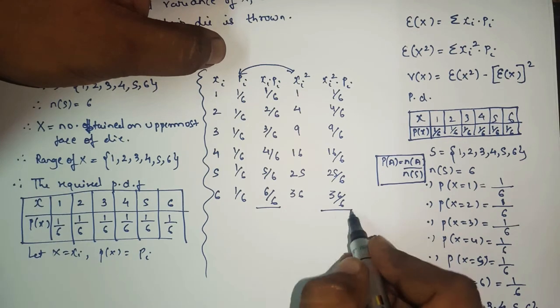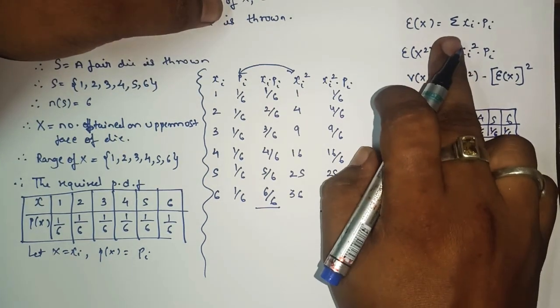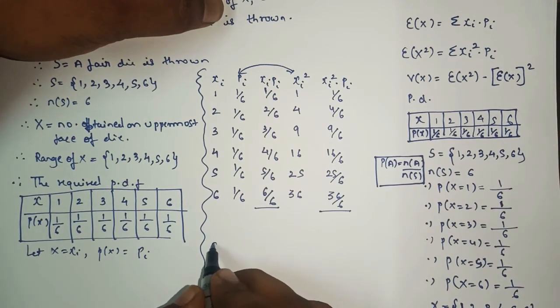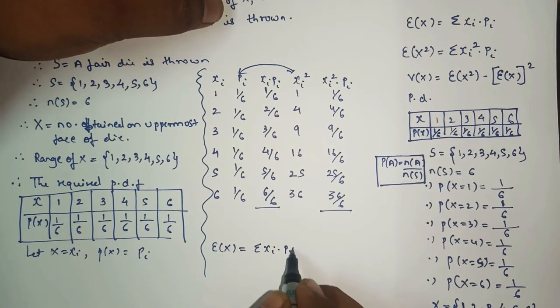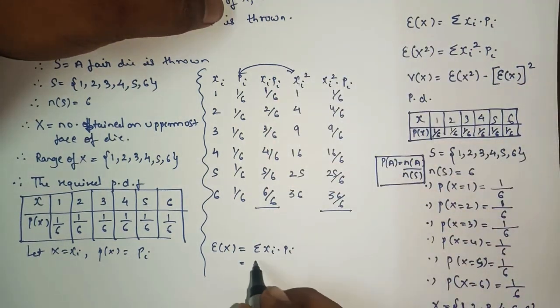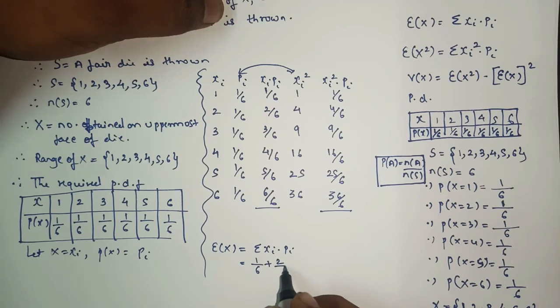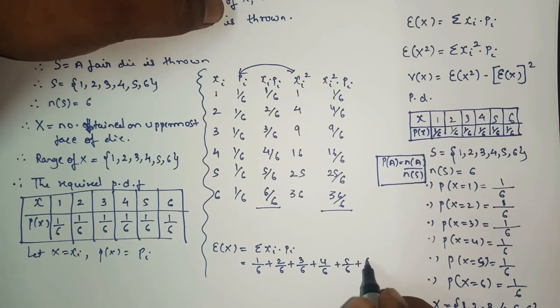After that we have to find the total of these two. So the first one is what? We have to find the expected value. So expected value is the total of xi and pi, which means we have to add the third column. So 1 by 6, 2 by 6, 3 by 6, 4 by 6, 5 by 6 and 6 by 6.